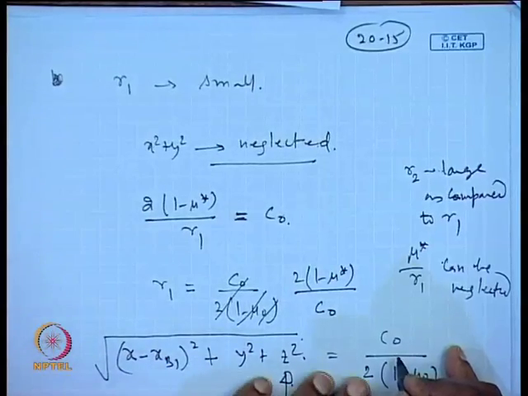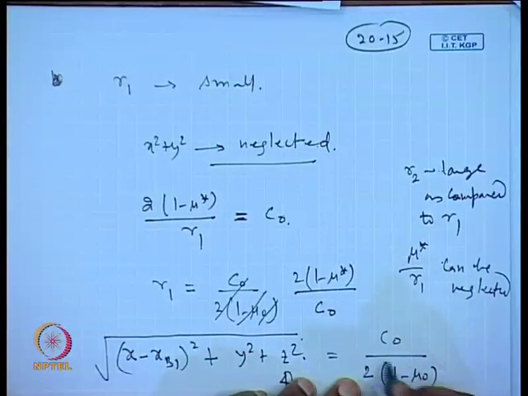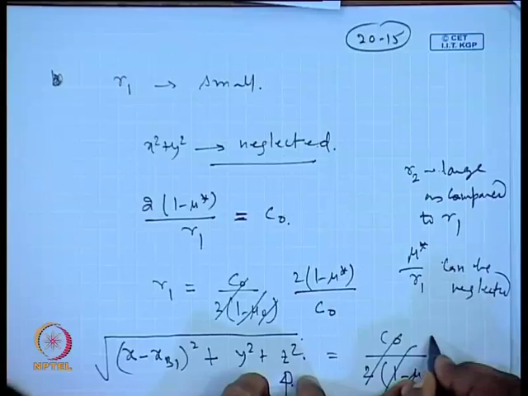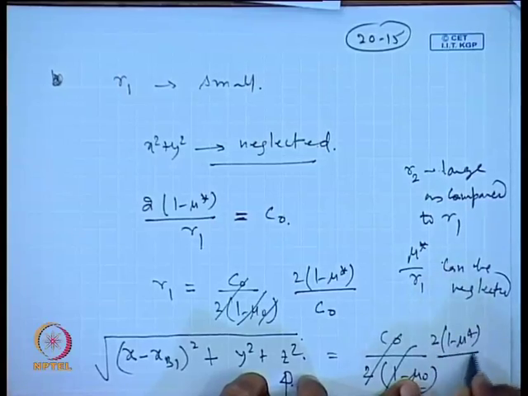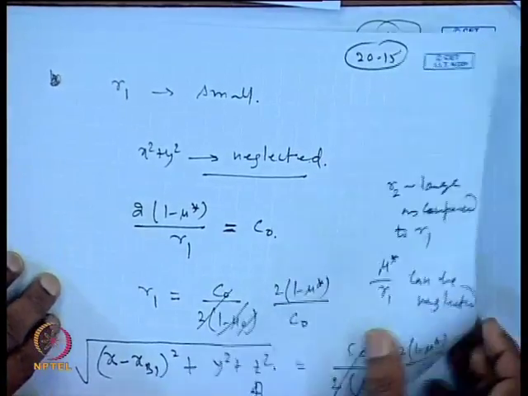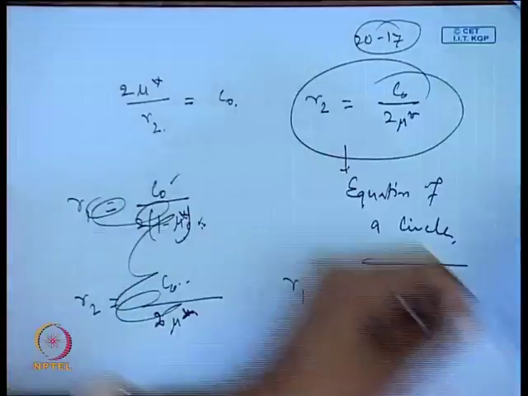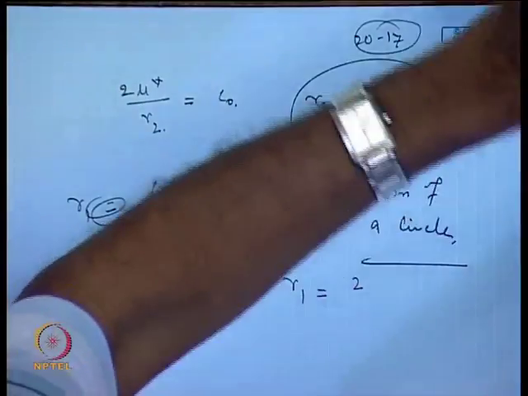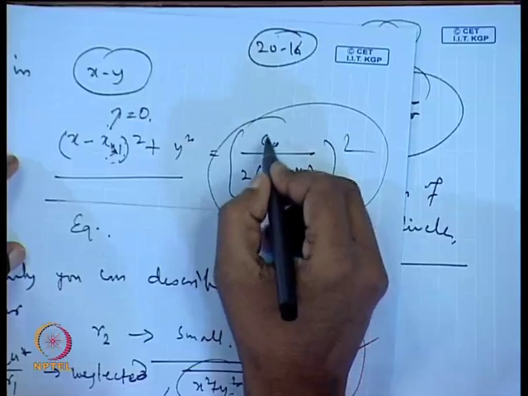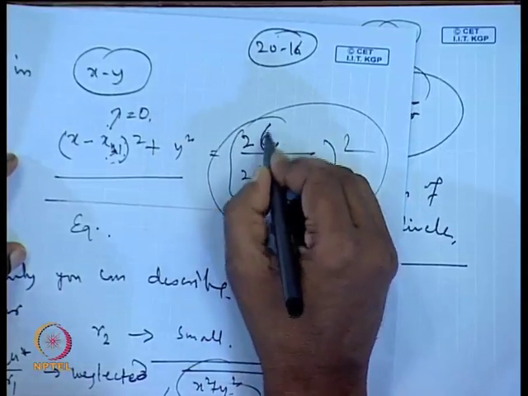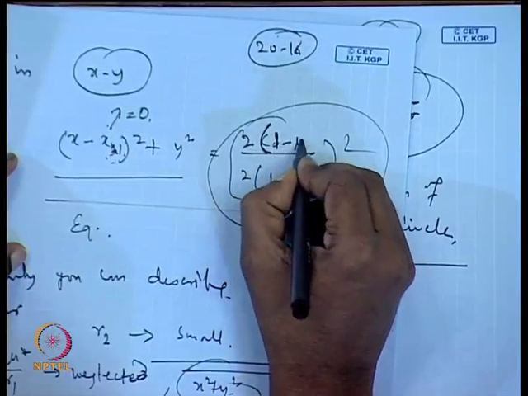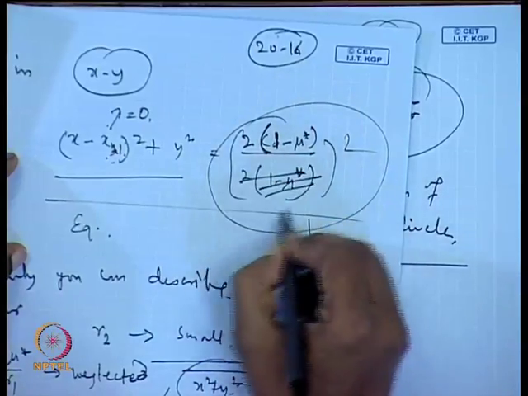So, this quantity becomes 2 times 1 minus mu star divided by C 0. So, here also we need to give the correction. So, this is 2 times 1 minus mu star divided by C 0.